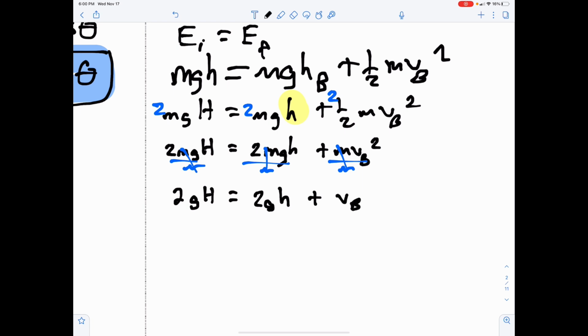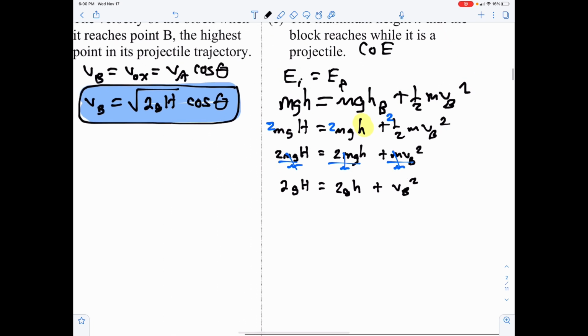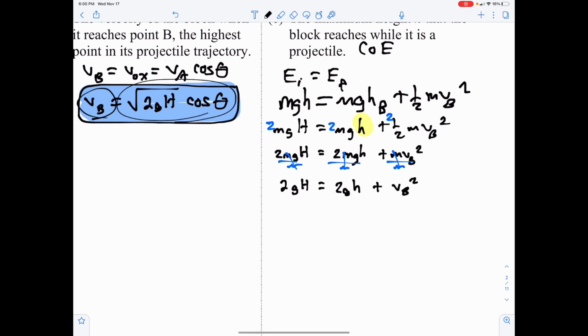plus vb squared. Okay, now you are trying to solve for little h, so I'm going to do a little bit of substitution here. We know VB is the square root of 2gH times cosine theta. VB squared, which is what I have to substitute for, well, I'm going to square all that.